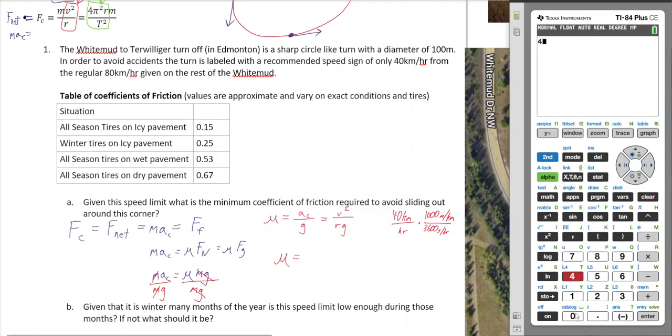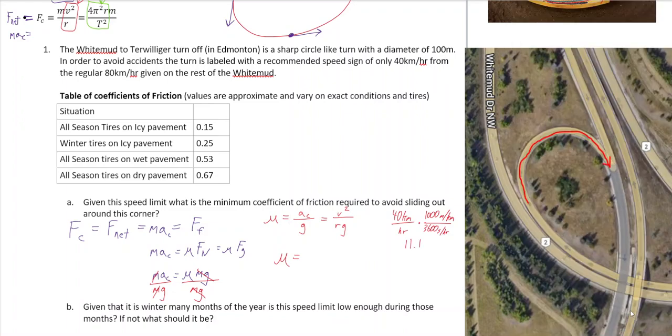So this should be 40 divided by 3.6, and we get 11.1 meters per second. So this should be 11.1 meters per second squared over r, which is a 100-meter radius turn. I based this off of Google Maps as well, so hopefully this is actually correct. And then our g, which is 9.81 meters per second squared.